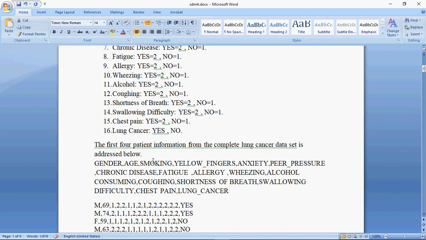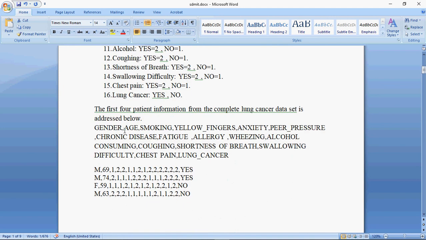So the first four patients' information, all these 16 components, is as follows. The first component is M, which implies male. 69, the second one, refers to the age. The third component refers to whether he is smoking or not. This first guy doesn't smoke, that's why the value is 1.